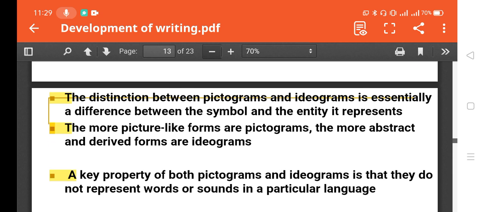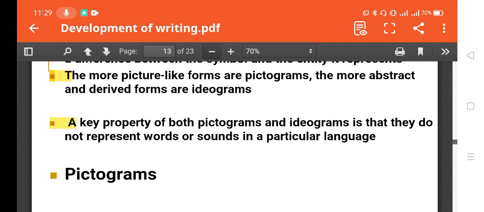The distinction between pictograph and ideogram is essentially a difference between the symbol and the entity it represents. In a pictogram one symbol represents one entity, whereas in an ideogram one symbol is used for different associated meanings. More picture-like forms are pictograms, and abstract and derived forms are ideograms.